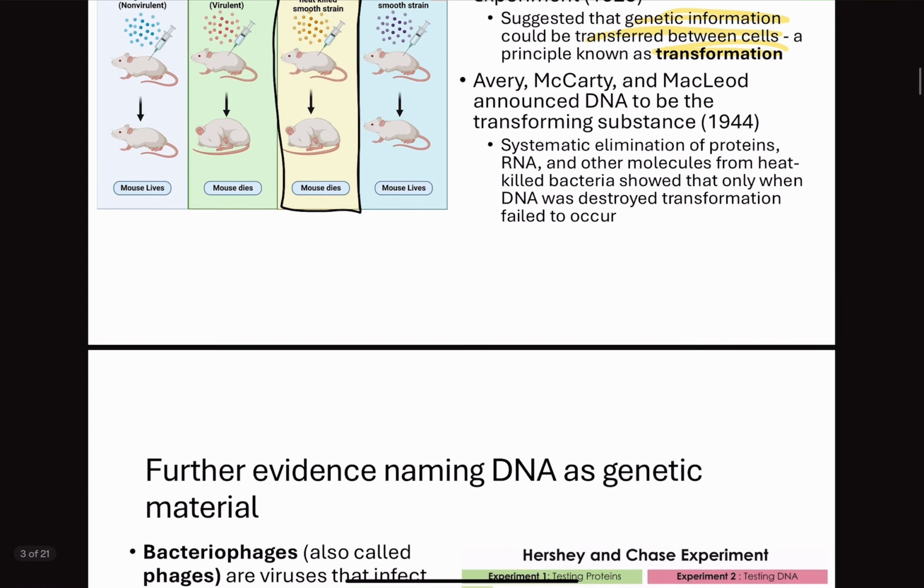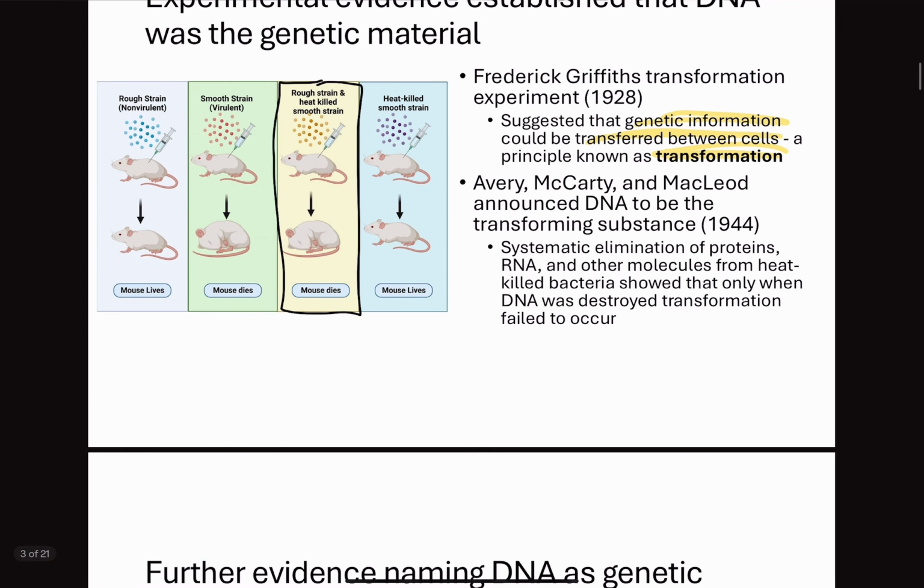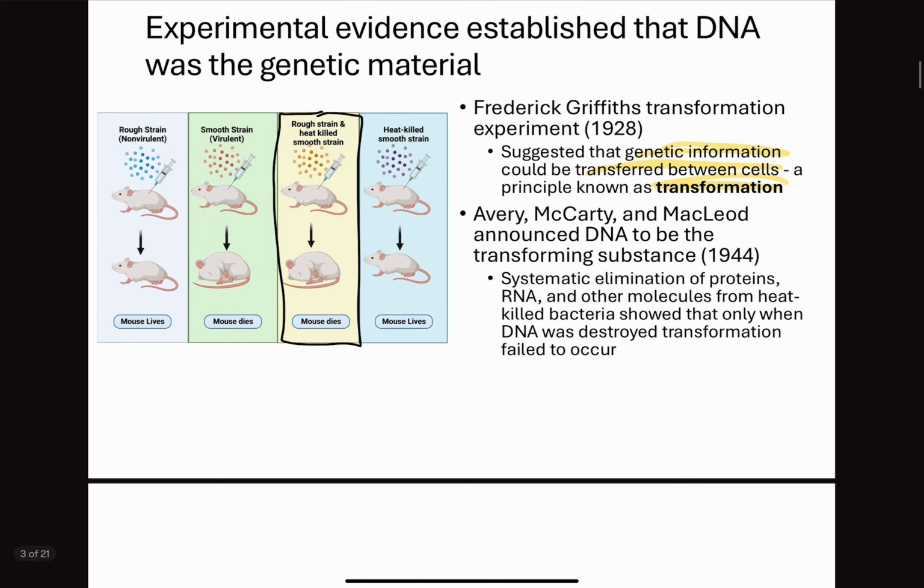He then used specific treatments that inactivated each of the 3 types of molecules and tested the ability of each sample to transform harmless bacteria. And DNA was the only one that showed transformation.